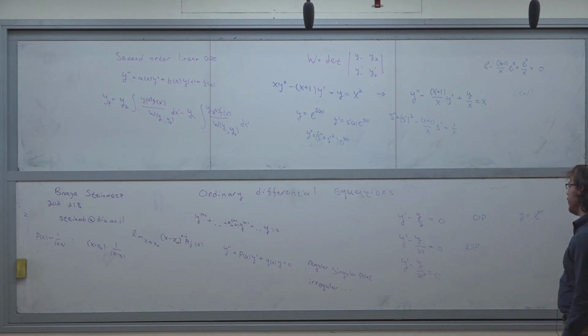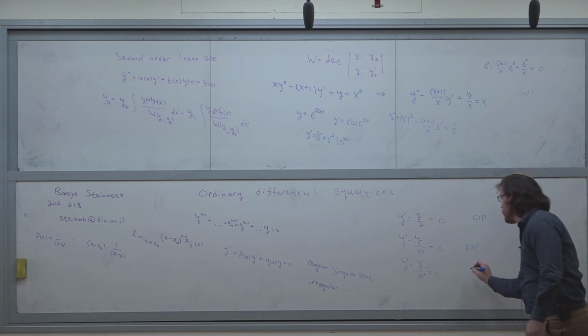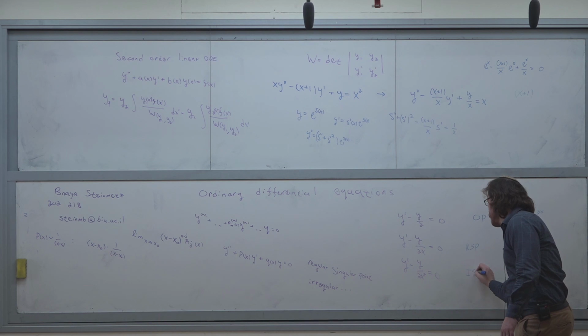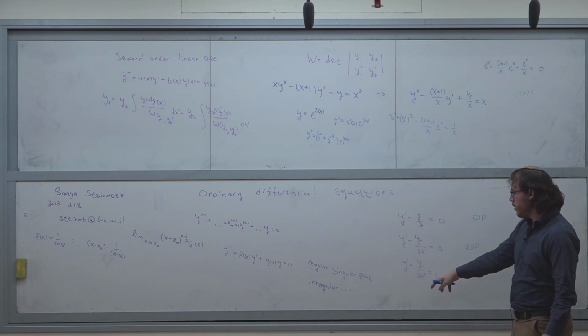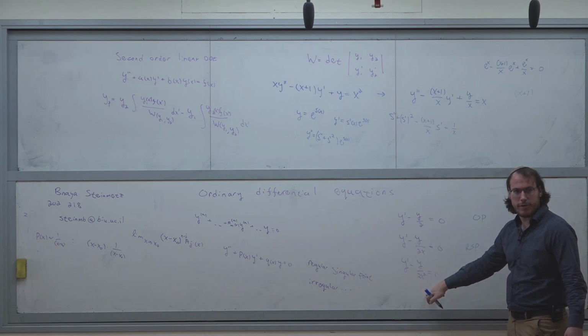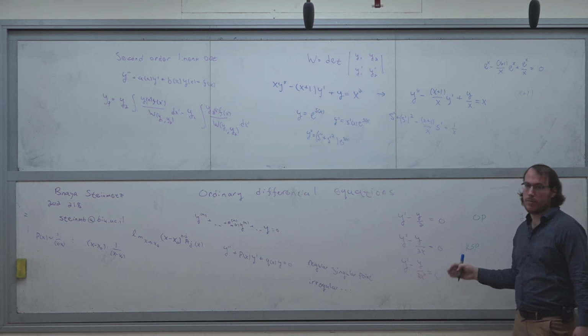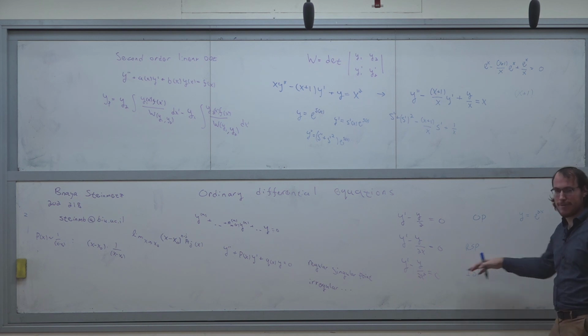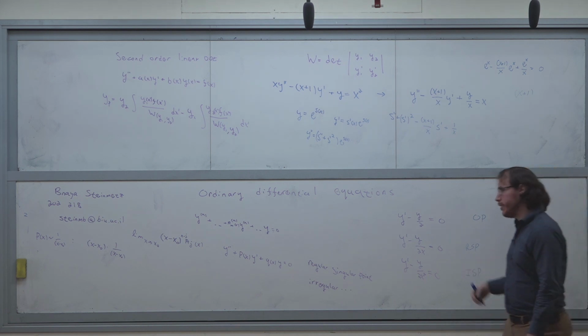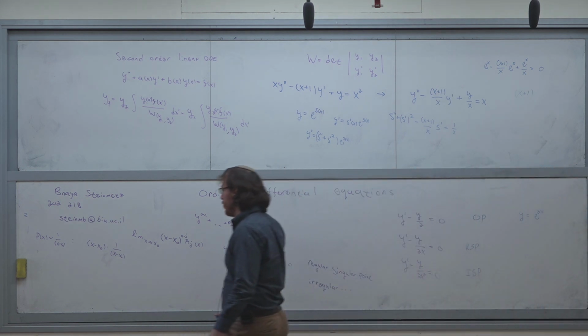Okay, and here we see an irregular singular point because the power of the divergence is higher than the order of the lower derivative.